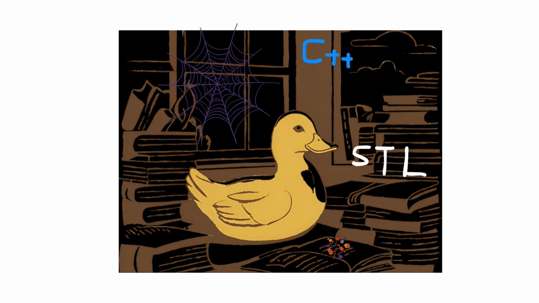Speaking of efficiency, what about these lists the document mentions? How do they handle data differently? Lists operate on a completely different principle called a linked list. Instead of storing elements contiguously in memory, each element in a list points to the next one, forming a chain-like structure. Think of it like a train, where each car is linked to the one before and after it.